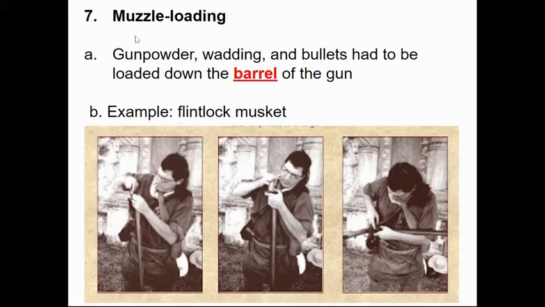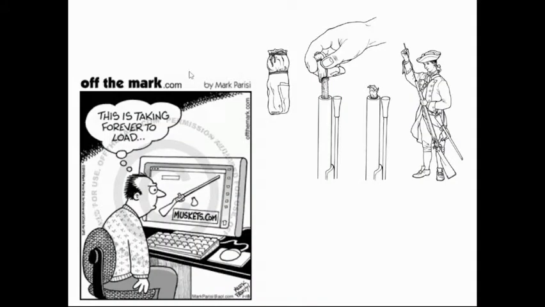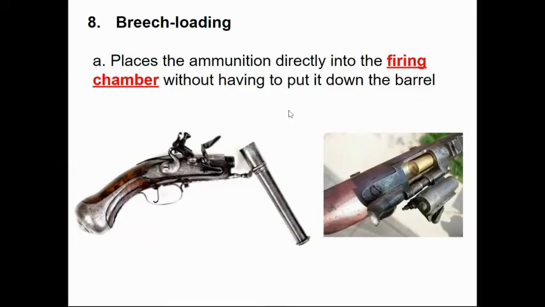Okay, so that would be what a muzzle loader is. And an example of that might be the flintlock or the matchlock. Okay, so again, where they're going to have to load everything down. So it's a slow process to do that compared to what might be considered modern firearms.